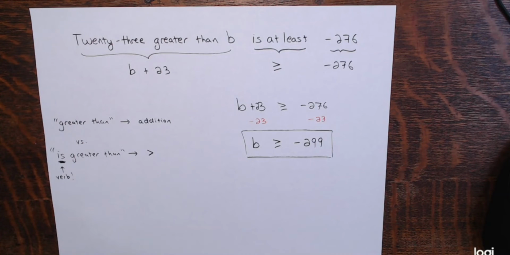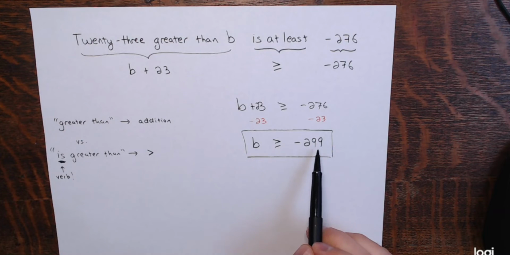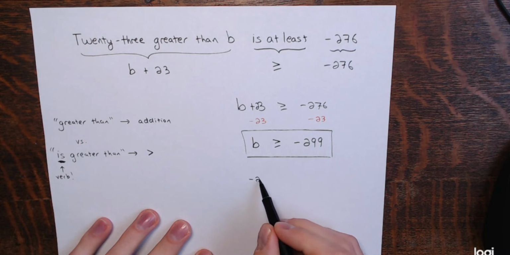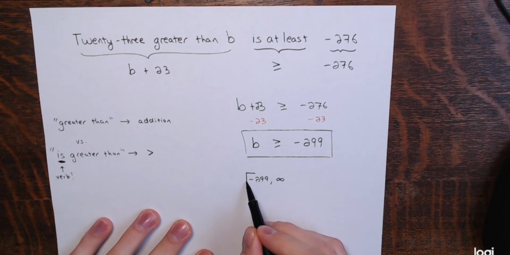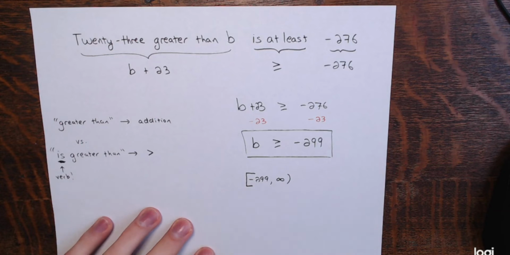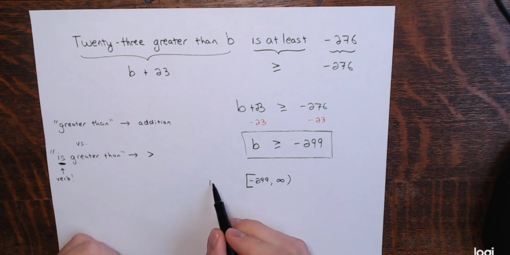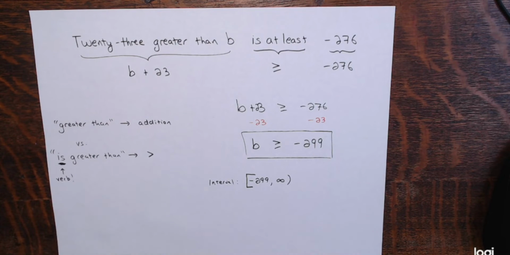And there you go. There's a description of the solutions of this inequality. B can be any number greater than negative 299 or equal to negative 299. And that would be all the numbers from negative 299 to infinity, including negative 299. And then you always have parentheses on infinity. I'm hoping, from earlier videos, section 2.7 part 1, you remember how to get to interval notation to describe your solutions.